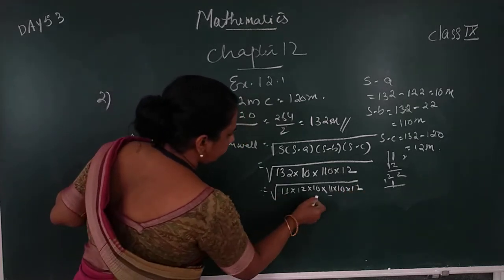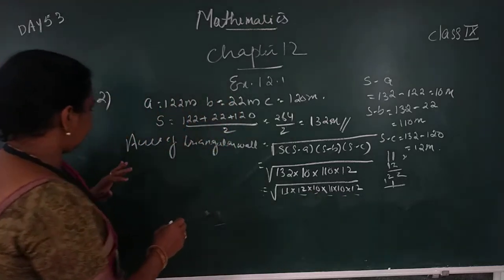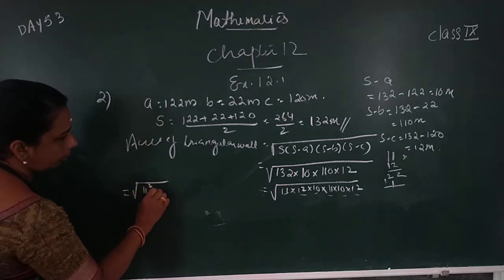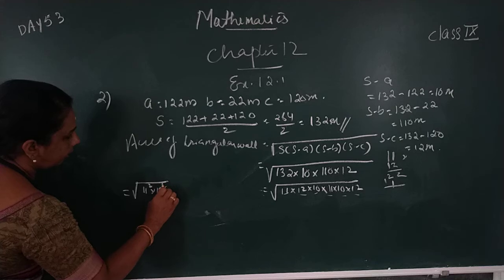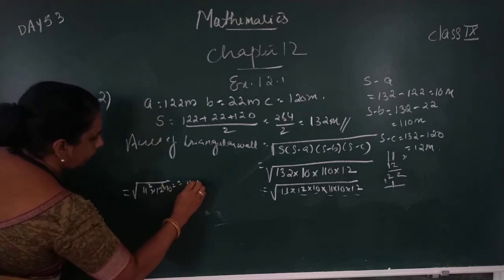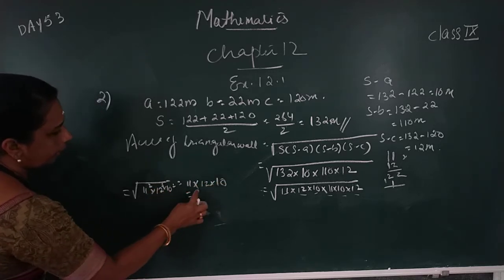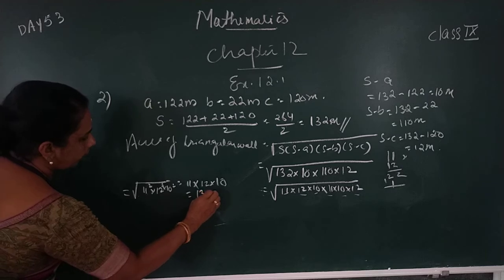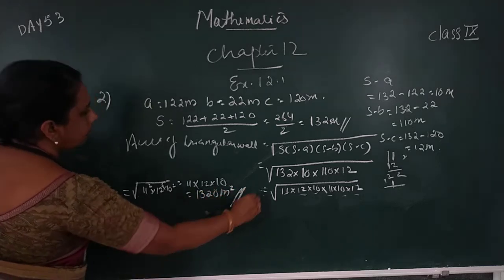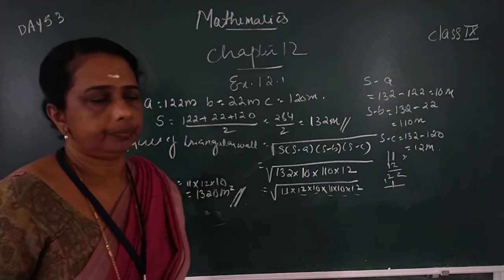Okay, 11 2 times, 10 2 times, 12 2 times. That is equal to root of 11 square into 12 square into 10 square. That's equal to 11 into 12 into 10, we know 1320 meter square. This is the area of this triangular wall.